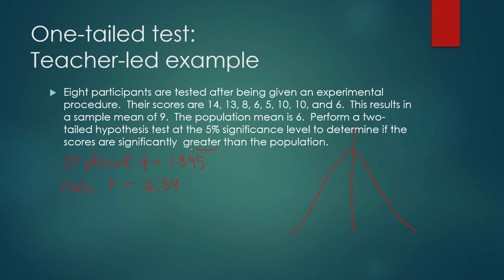Here again, we're looking at values that are greater than the population mean, so it's going to be on this side of the distribution. We have our 1.895, and we need to decide, where does this 2.54 fall? Is it in this part where our null hypothesis is correct, or is it out here in the critical region? And 2.54 is probably going to be way out here. So it's definitely in our critical region, so we reject the null hypothesis.